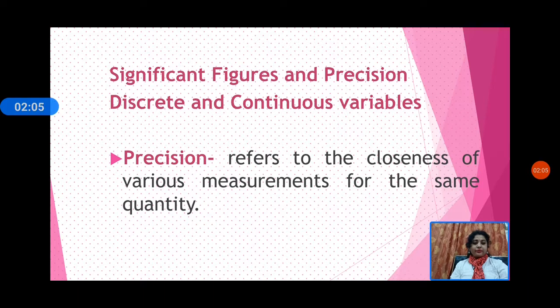Significant figures and precision. For this, first try to understand discrete and continuous variables. Discrete variables are those quantities which can be measured or counted with certainty. Suppose you go to a shop and ask for 5 pens.